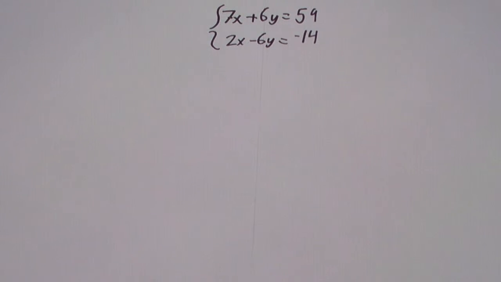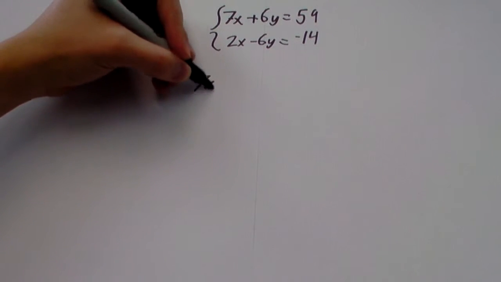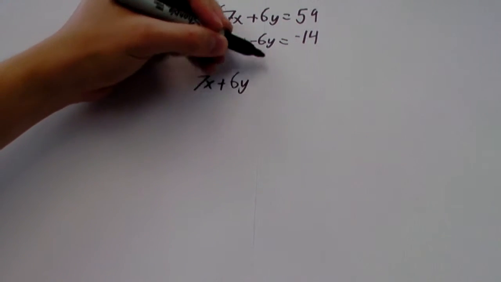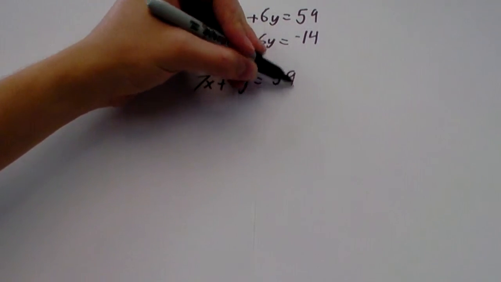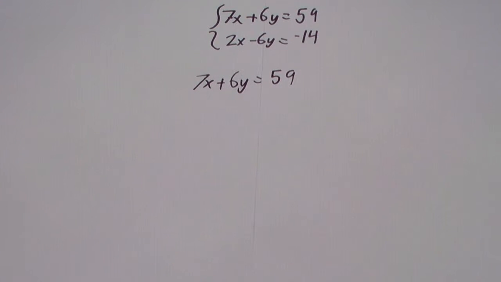Now the elimination method comes from the fact that you can add or subtract the same thing to both sides of an equation. So let's say we have 7x plus 6y equals 59. And say we want to add negative 14 to both sides.